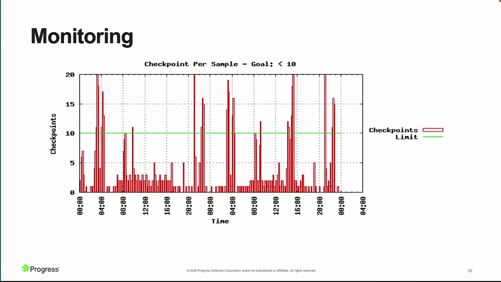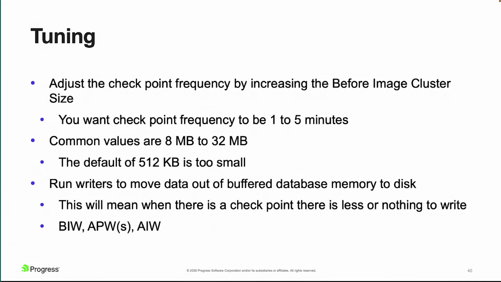This is again something from our database health check that shows this customer is doing pretty well with checkpoints, except at certain times of the day. When it's over 10 checkpoints in 10 minutes, then they'll start to see slowdowns. So in this case, this customer needed some more tuning, and here's what they had to do. The first thing you can do is adjust the frequency by increasing the BI cluster, the before image cluster size.